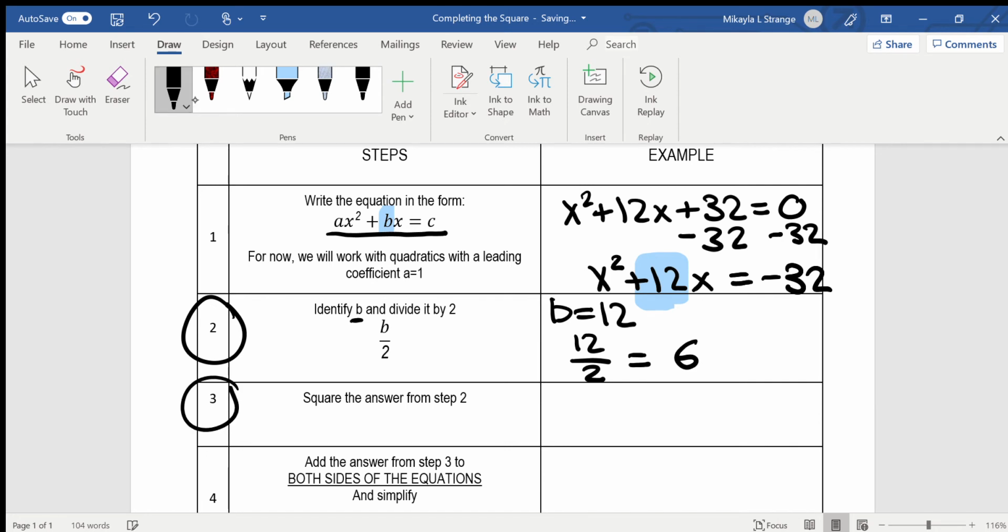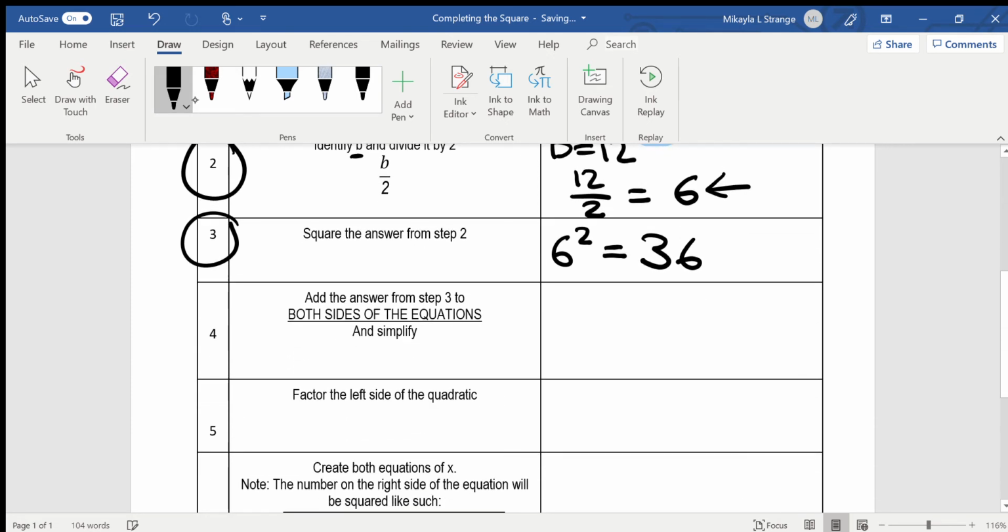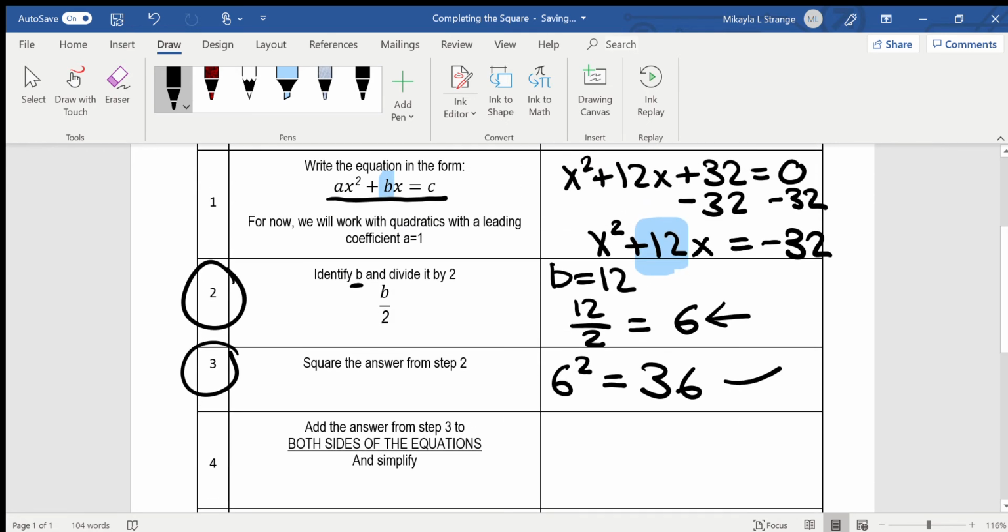Next, we're going to square the answer from step 2. So I get 6 squared is equal to 36. We're going to take 36 and we're actually going to add it back into this equation.